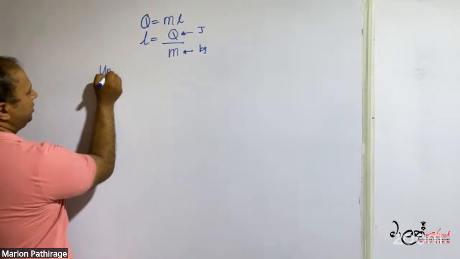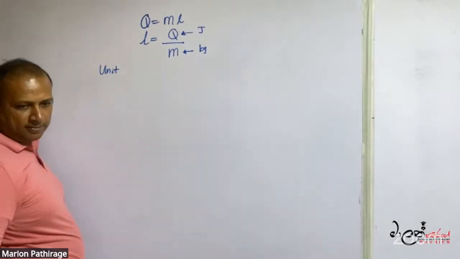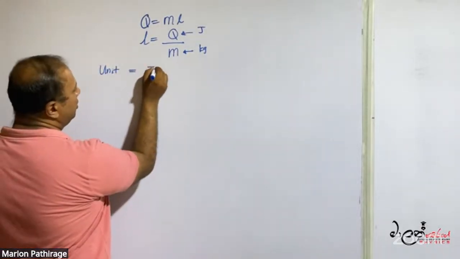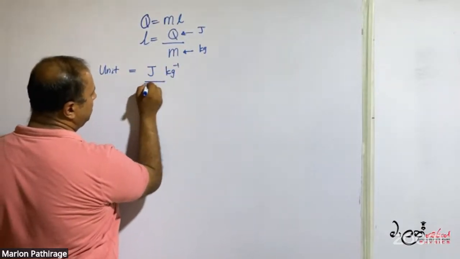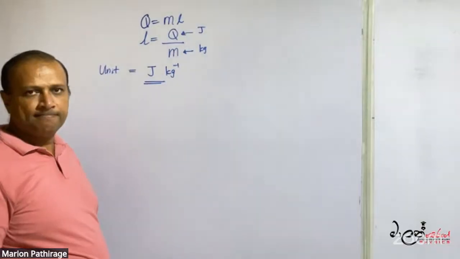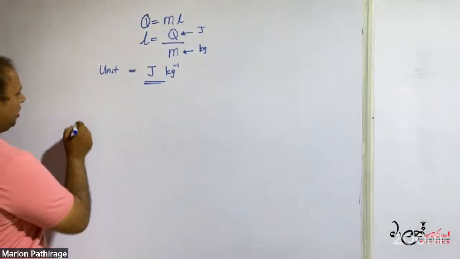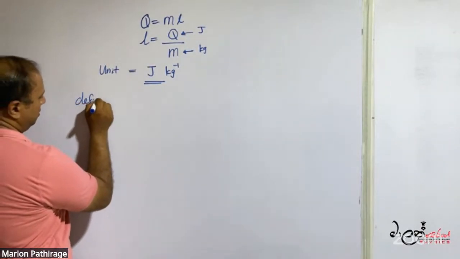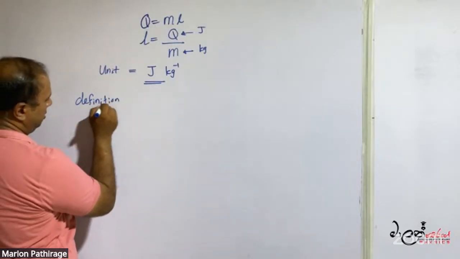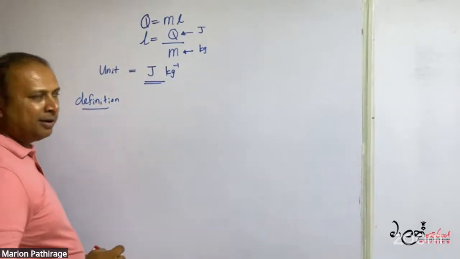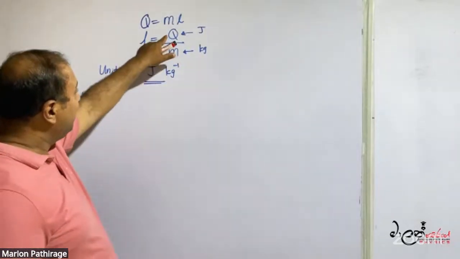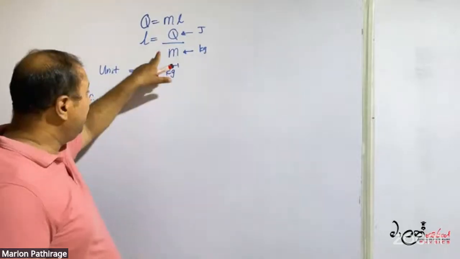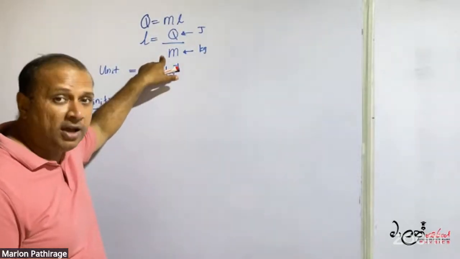Therefore, the unit should be joule per kilogram. Then the definition. How to make a definition? As I told you earlier, if there is a fraction, equate the denominator to 1.